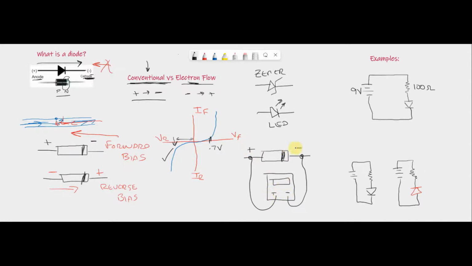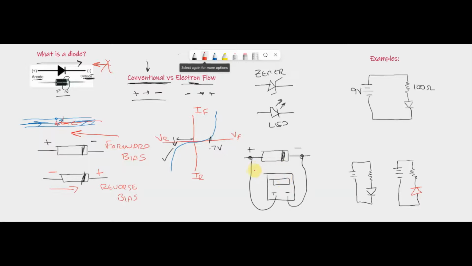Again, this is our anode and cathode. If we hook this up just to the diode, no circuit in there, we should get a measurement. We should get a value here. That value can be 0.5, it could be 0.7, it could be, depending on the type of diode, pretty much anything. And that's what we would expect.